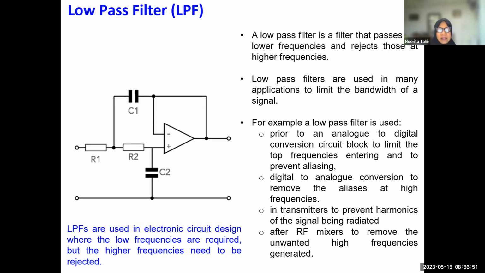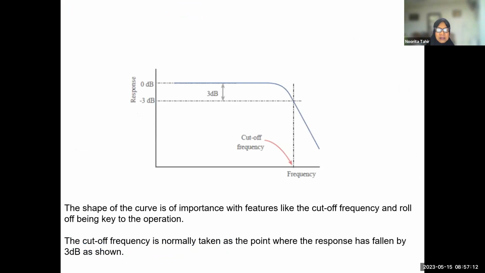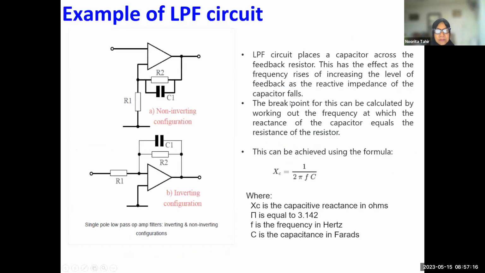will allow frequencies from 0 to whatever cutoff we set as our bandwidth. This is the circuit that can perform as a low pass filter that will limit whatever bandwidth we have set. So how are we going to limit the bandwidth? This particular bandwidth that we allow, we call it the cutoff.